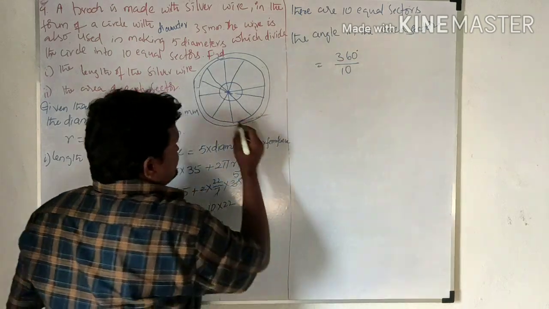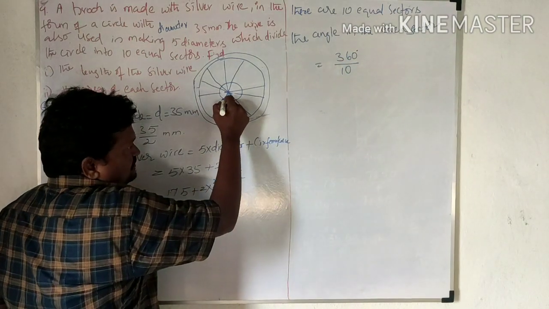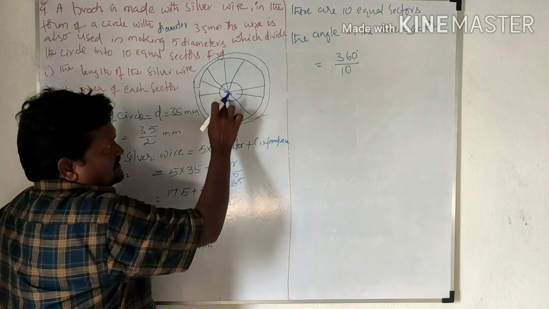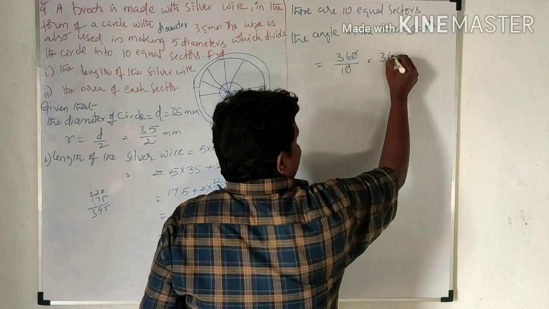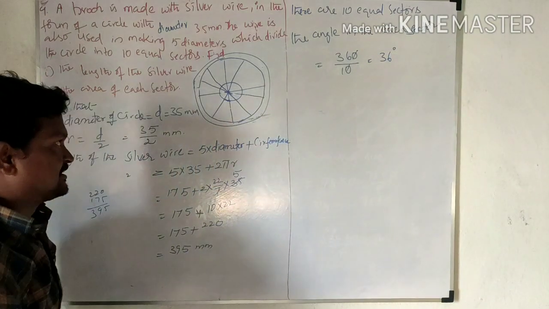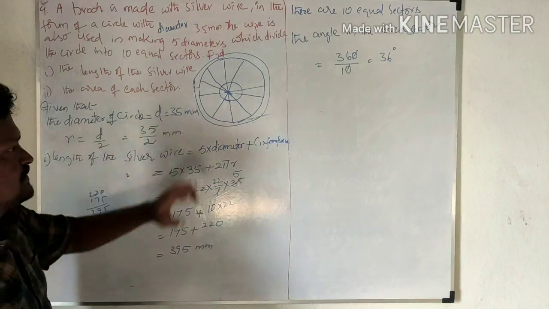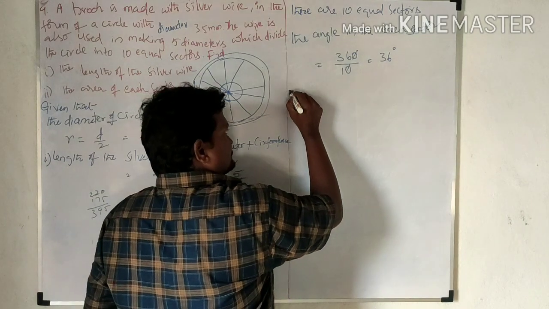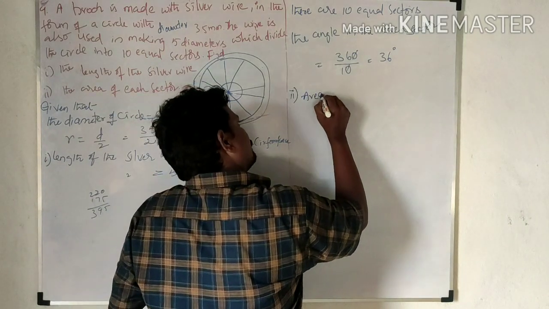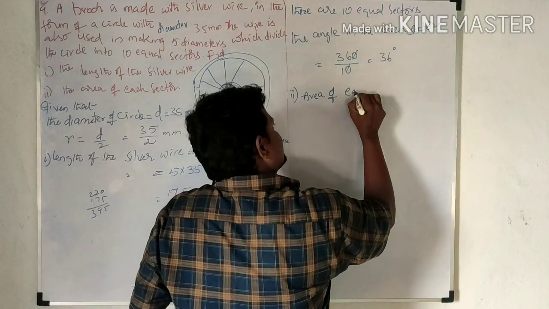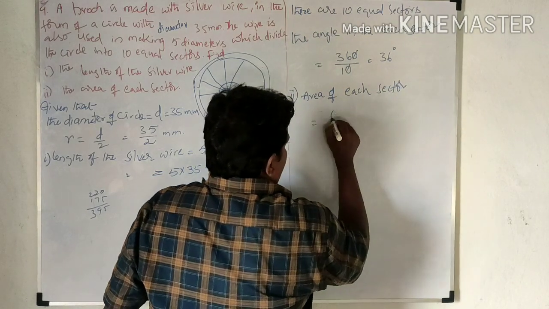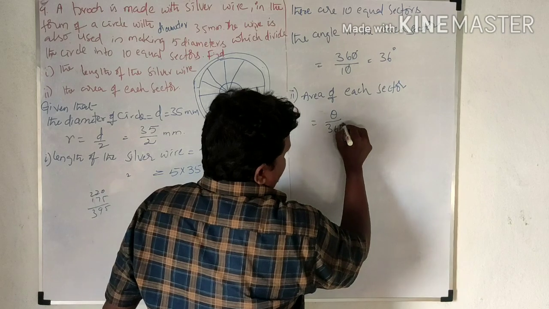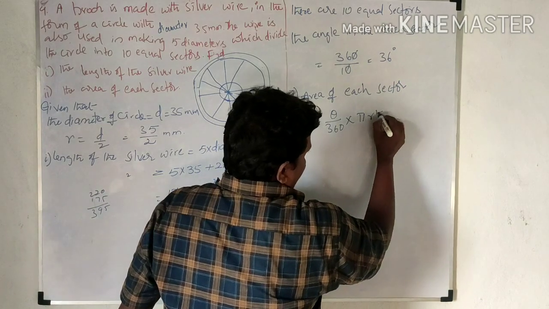For one sector, 360 by 10, zeros cancel, that will be 36. So the angle is 36 degrees. Now we can find the area of each sector. Area of each sector is equal to theta by 360 into pi r squared.